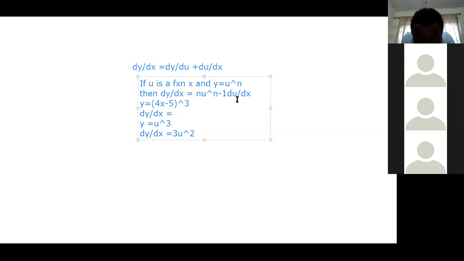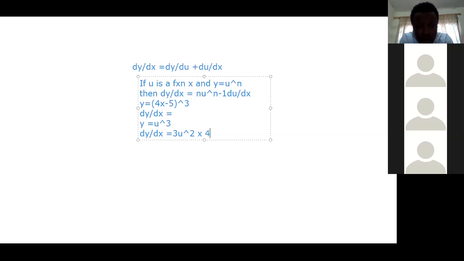Then we are going to find du/dx, and you know du/dx is we are going to differentiate this with respect to x. Now when we differentiate this with respect to x, what are we going to get? 4.